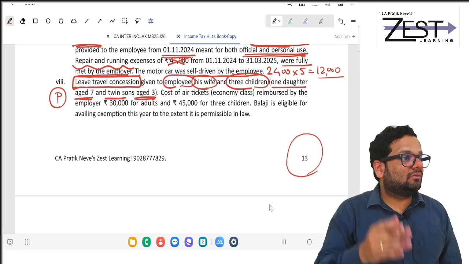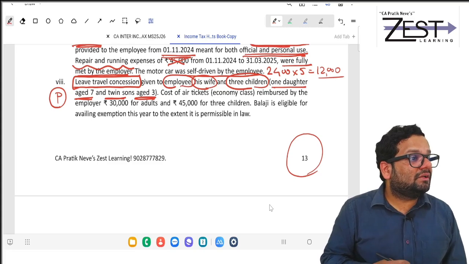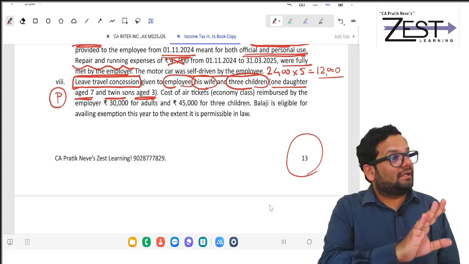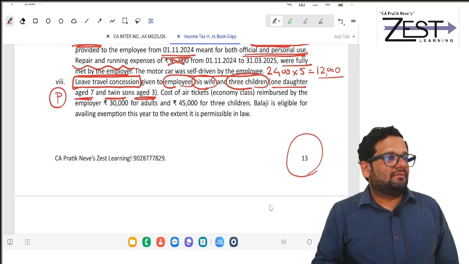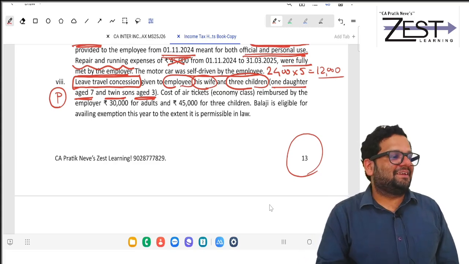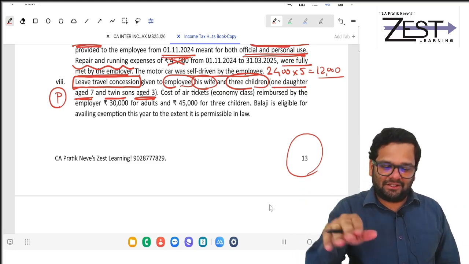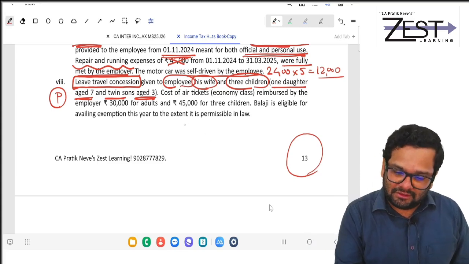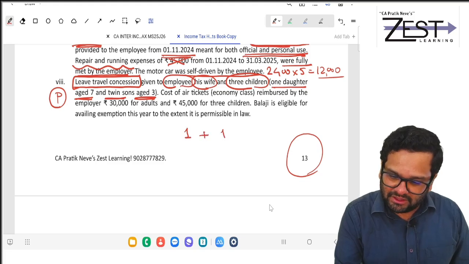If first child is only twin, that's it. Then you will get exemption only for that twins. Hum do hamare do is the concept that is the base of this. So basically, I should not tell you this person was planning first child plus next one child.